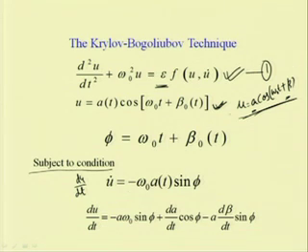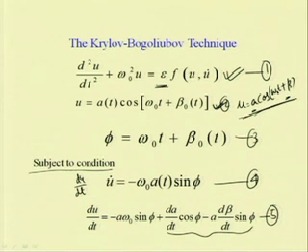So, comparing these two equations, let this be equation 2, this equation 3, and this equation 4 and 5. Comparing equation 4 and 5, we can write these two terms should be equal to 0. Here we are putting the condition that du by dt equal to minus omega 0 a t sin phi.